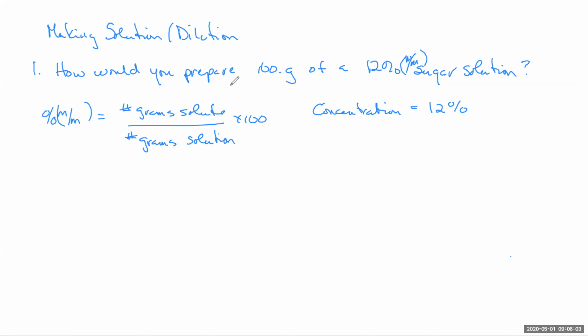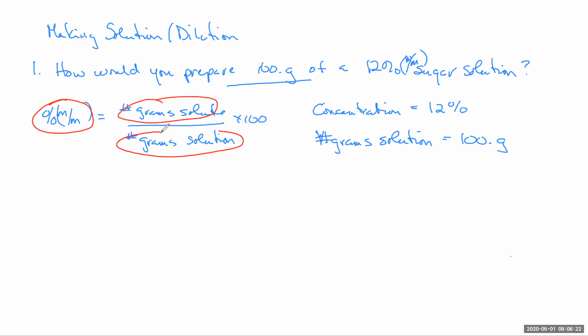And also given is the number of grams of solution, 100 grams. In this formula, we basically have three variables: our concentration, our grams of solute, and our grams of solution. In this problem, we're given the concentration and the grams of solution.